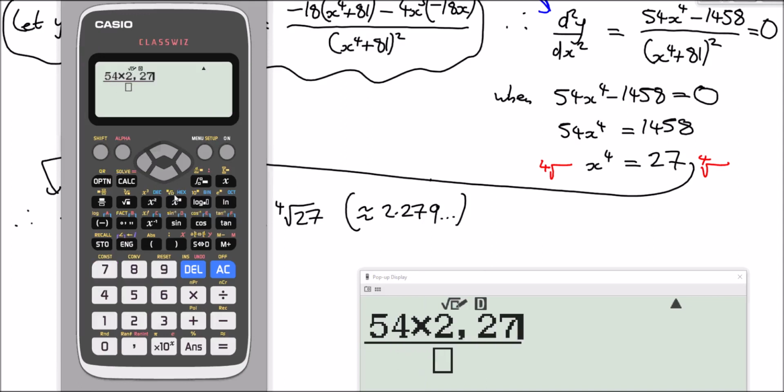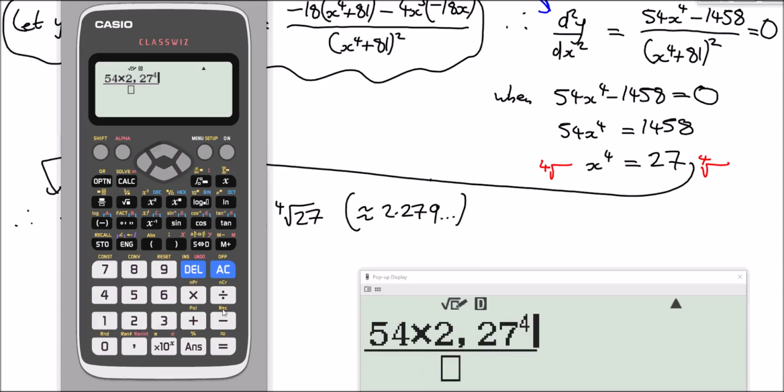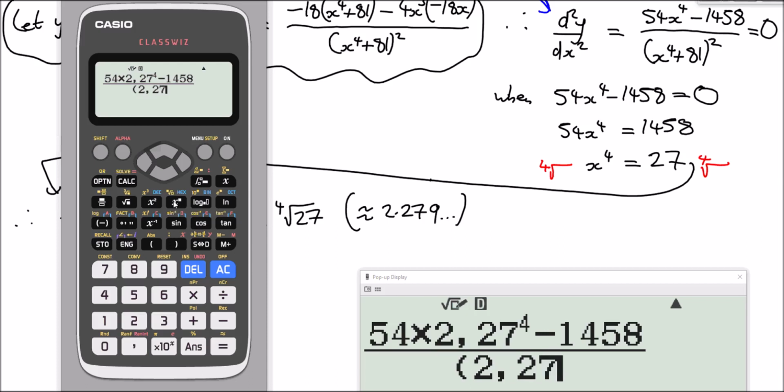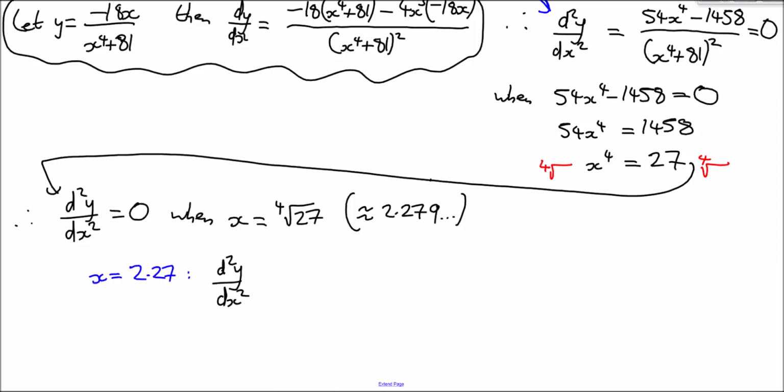So 2.27 to the power 4 minus 1458, all of that divided by, in brackets, 2.27 to the power 4 plus 81, all of that squared. And so at 2.27, we have a value of minus 2.09 times 10 to the minus 3. And all it really matters is that's a negative value. So at 2.27, it's negative.